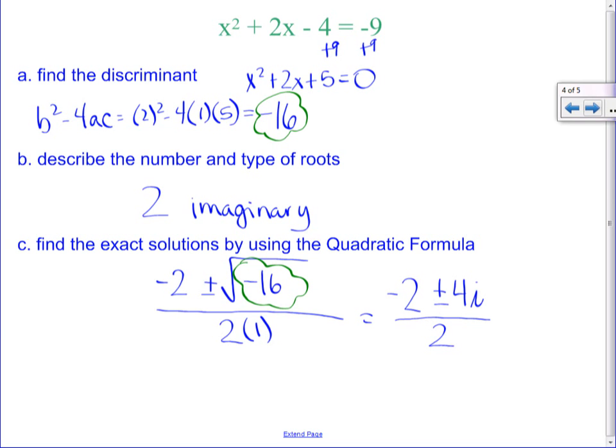We could divide them all by 2. So what does this become? Negative 1 plus or minus 2i. Do we have to have something on the bottom? No, you can have a 1 there, but you don't need to write that. Okay, so that would be 2 imaginary answers.